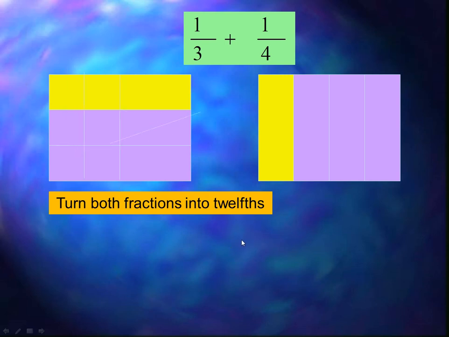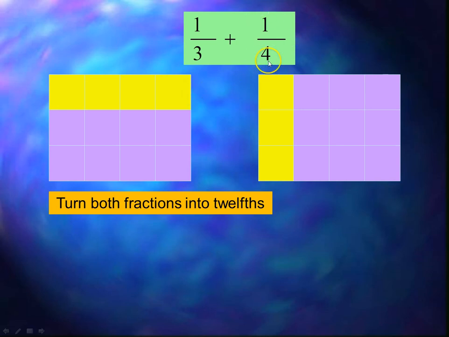And here we go. So 1/3, when we turn it into twelfths, turns into 4/12. 1/4 ends up turning into 3/12. Because when we multiply 1/3 times 4/4, which is a special form of 1, because we had to turn it into twelfths, we end up with 4/12.